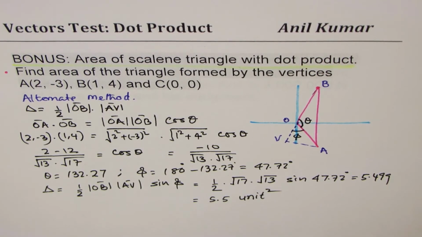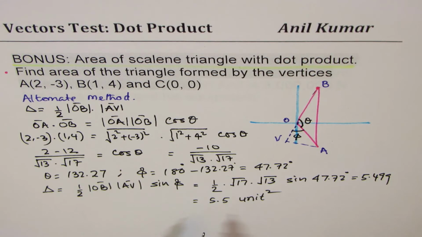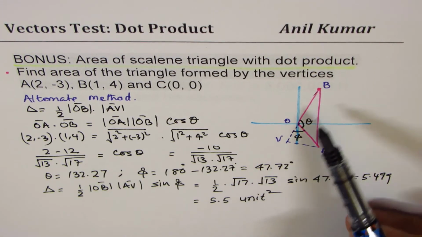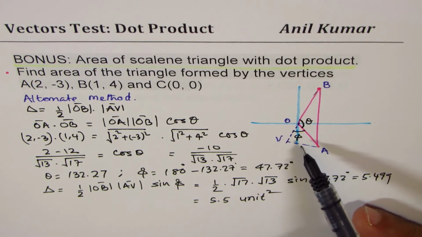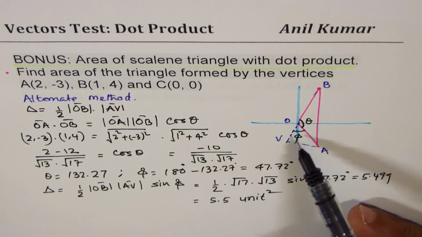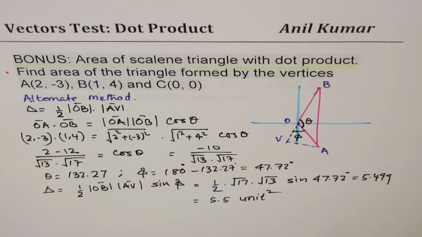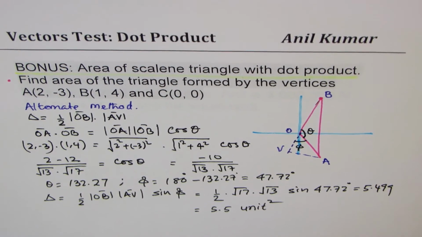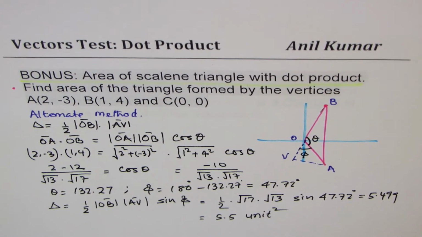Do you see that? So we can find area using this alternate method. Using dot product, find the angle between the vectors, and the exterior angle will be 180 minus that angle. Use sine of theta to get your answer, right? Okay, so let's move on to the next question, and I hope you find this alternate method useful.